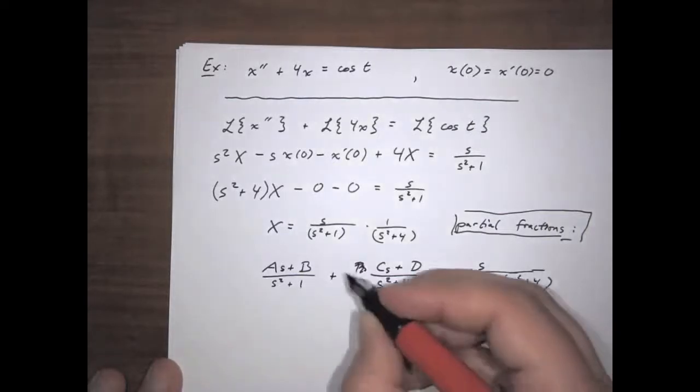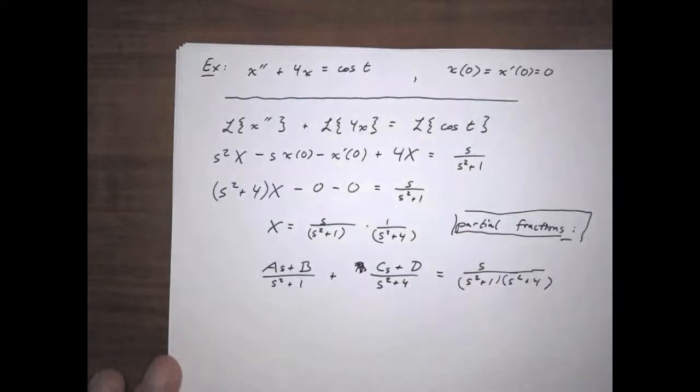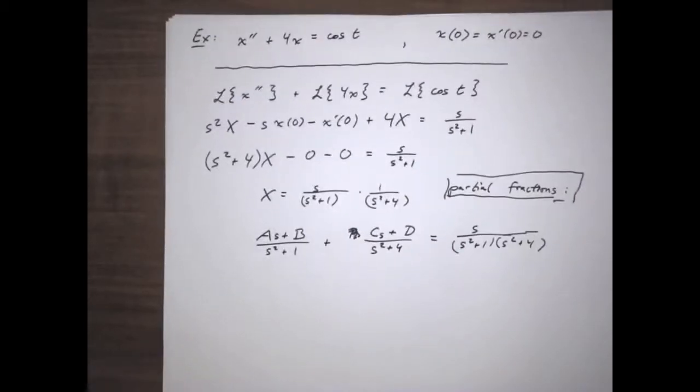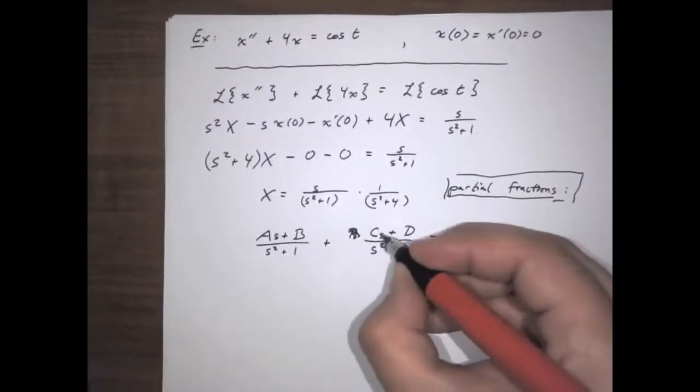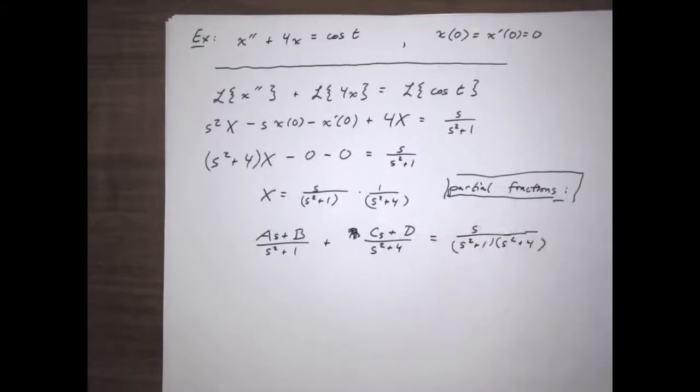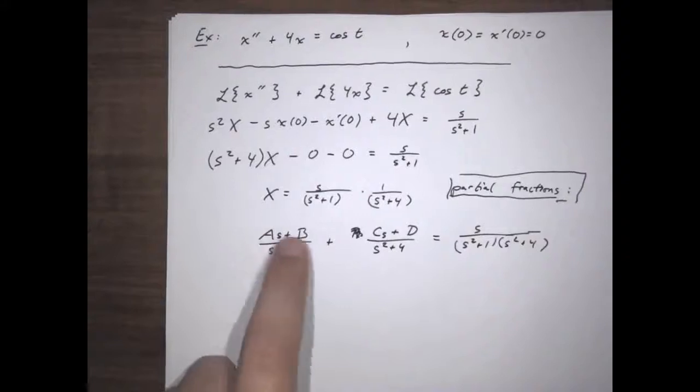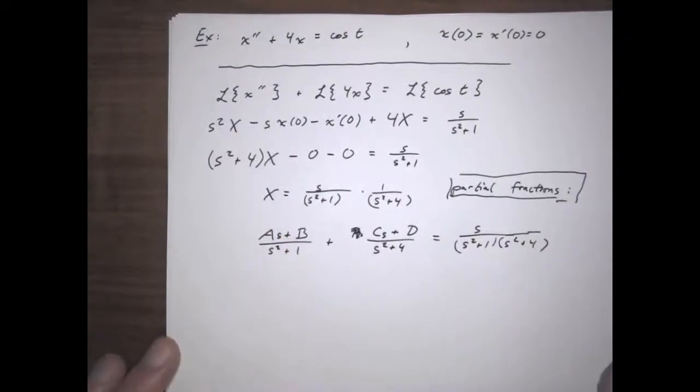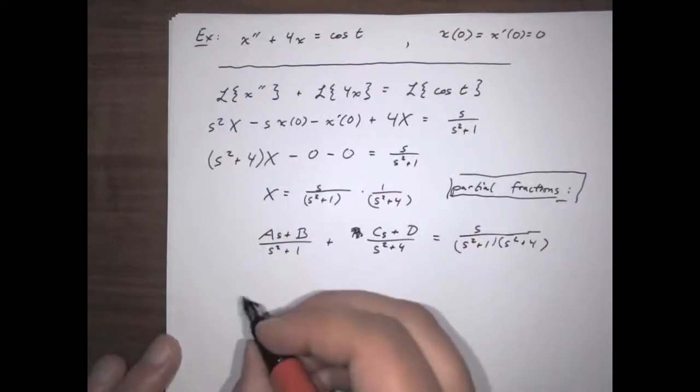So remember, whenever you have an irreducible quadratic factor in the bottom, then the partial fractions term that goes with that is going to have degree 1. So it's going to have to be linear.